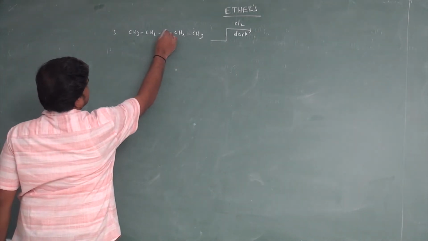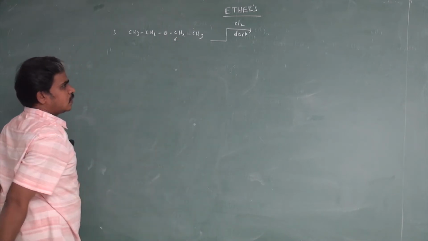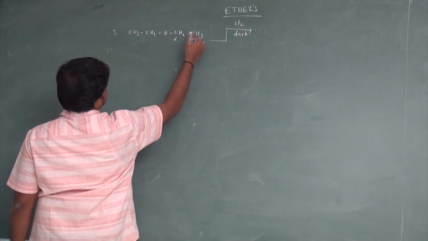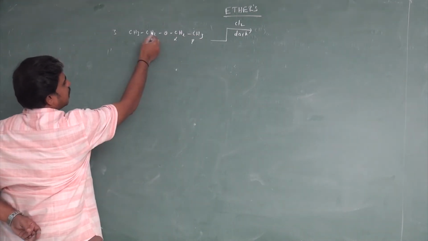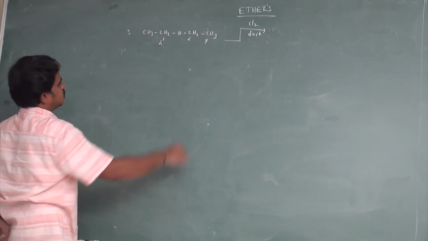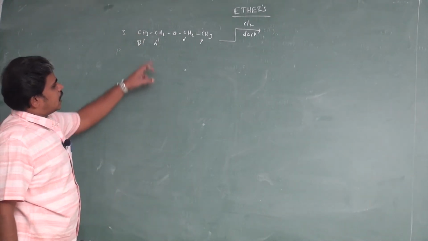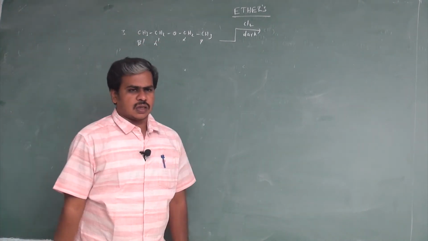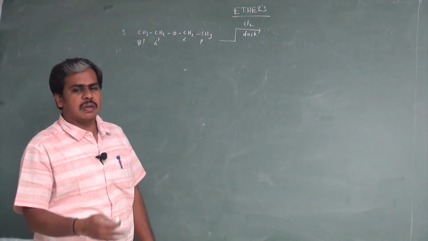You know that there is a functional group, and next to the functional group it is alpha, next to alpha it is beta. The same way on the other side, we classify it as alpha dash and beta dash. In dark condition, the alpha hydrogen is replaced, not the beta hydrogen.